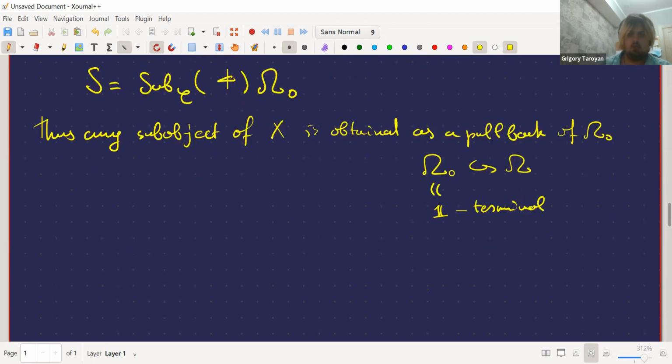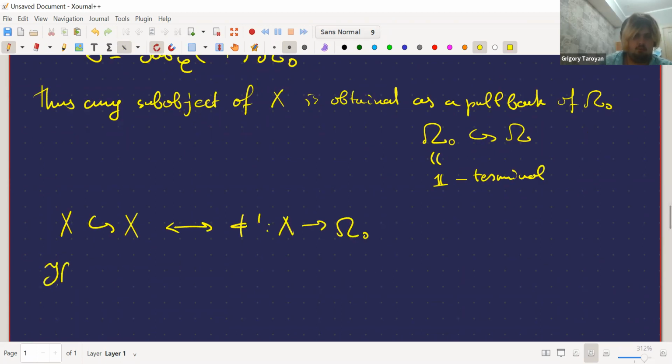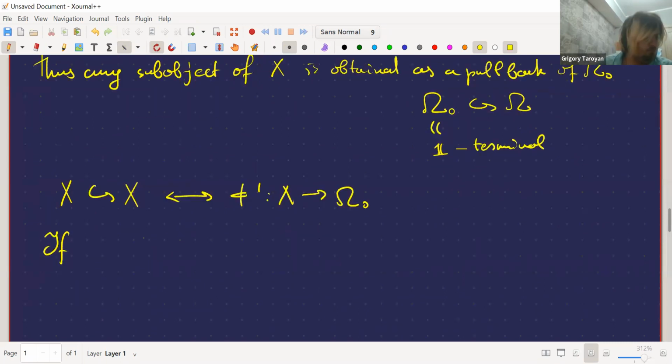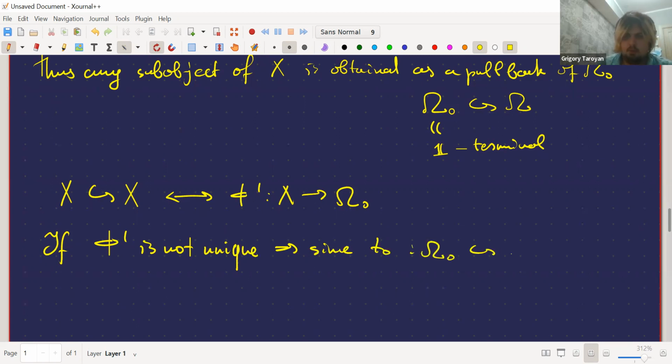Okay, so how will we do this? First of all, consider an inclusion of X into itself. It corresponds to a certain phi prime from X to omega naught. If we had two different possible maps, not just phi, but also phi prime, then since T0 from omega naught to omega is a monomorphism, we have the following.